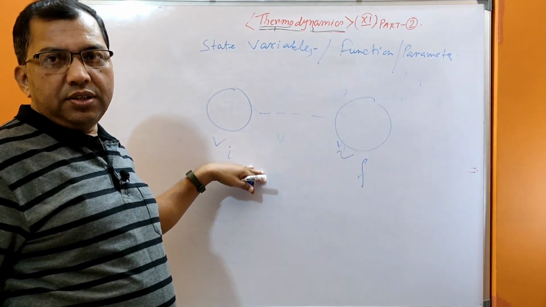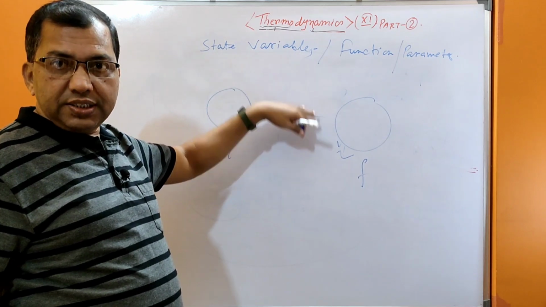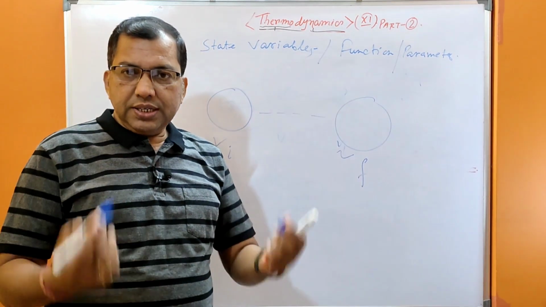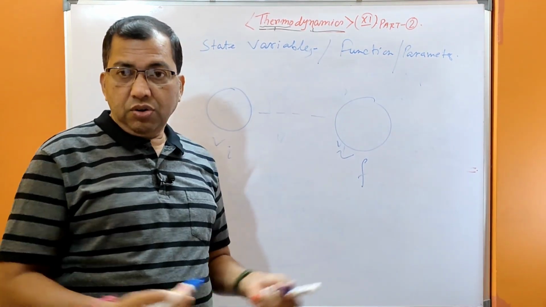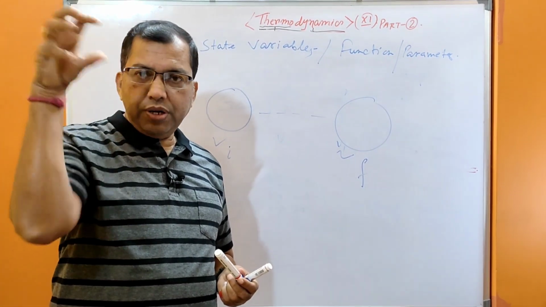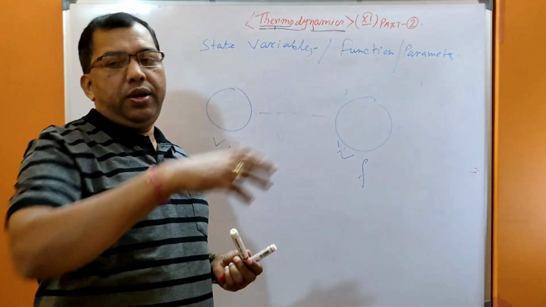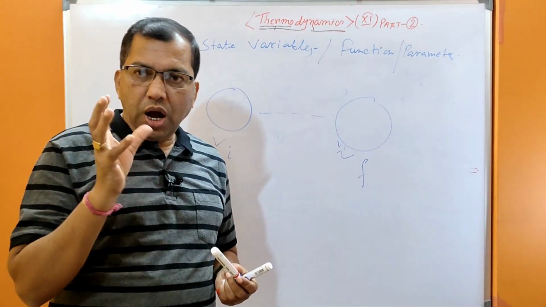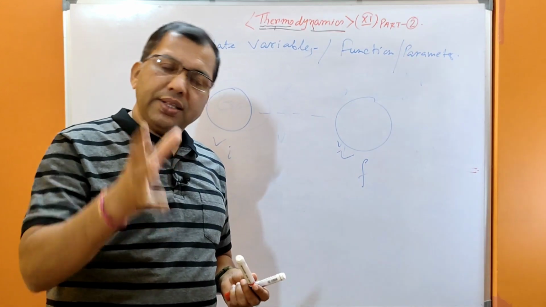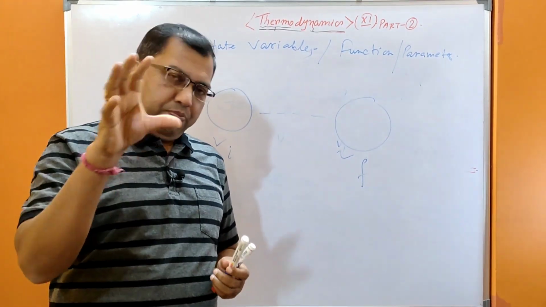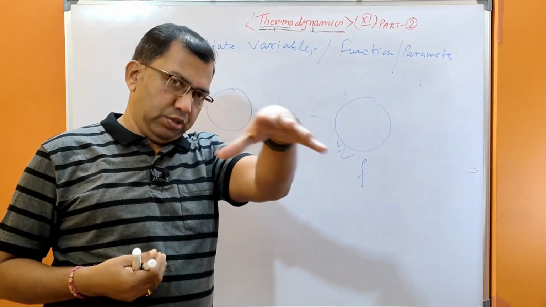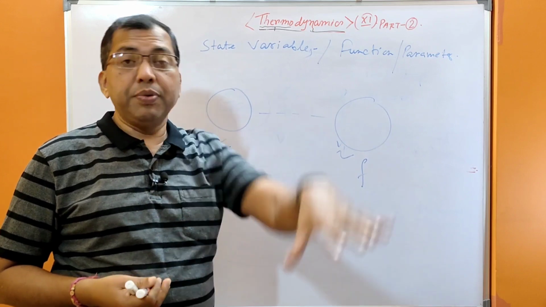So what are the state functions? I have already discussed. Many functions are there: pressure, volume, temperature, internal energy, enthalpy, entropy, Gibbs energy, all these are state functions. These are independent of the manner or way in which the change is brought about. It is path independent.